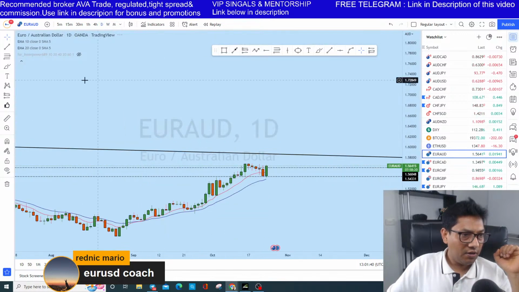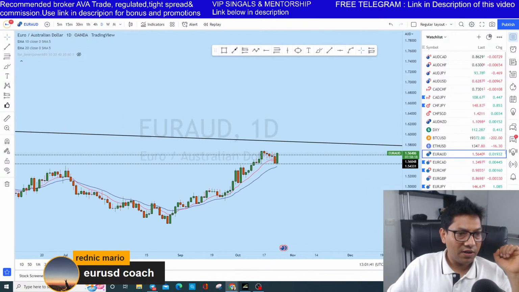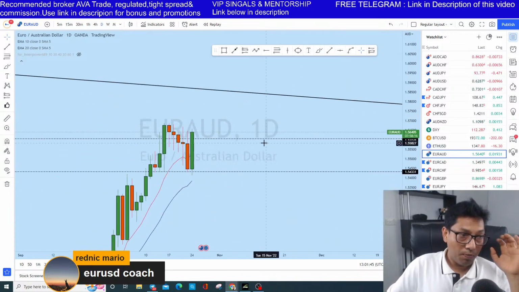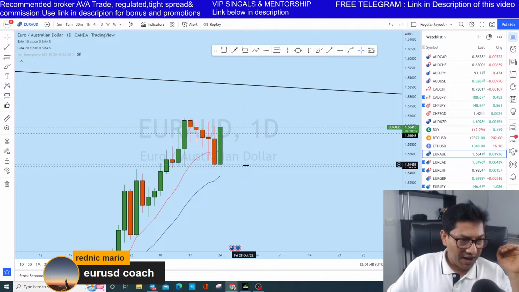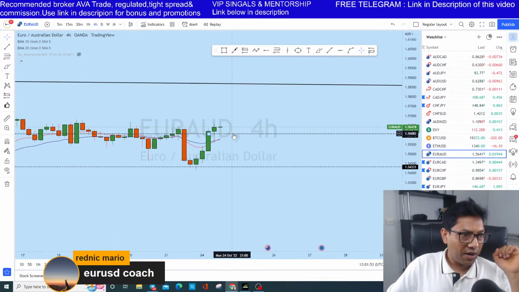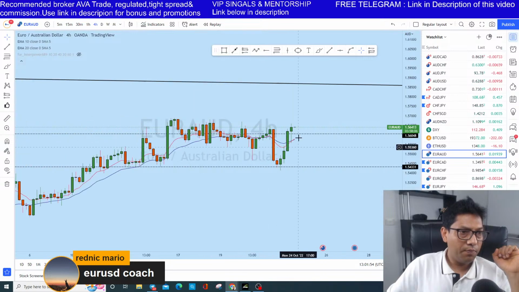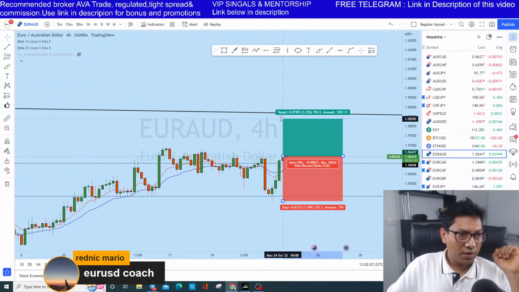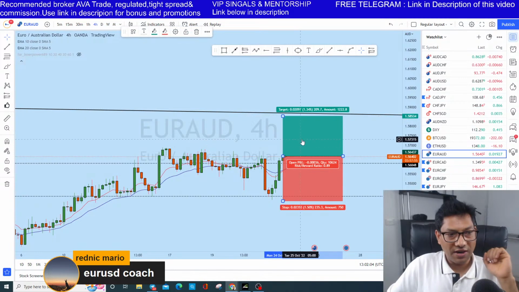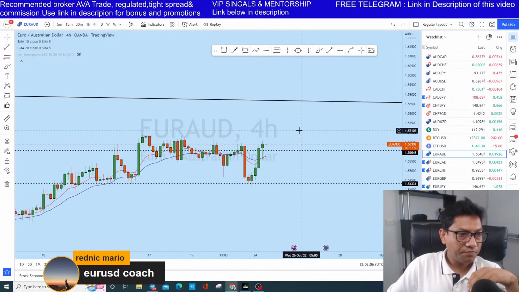Looking at daily, we have seen a very strong bullish move, but now what I will be waiting for is this candle to give me a retracement to the downside, because if we buy from here, we will have a very poor risk to reward. As you can see, we can buy, but it will give us some pain by coming down. It will have a poor risk to reward, but it's still a high probability trade.